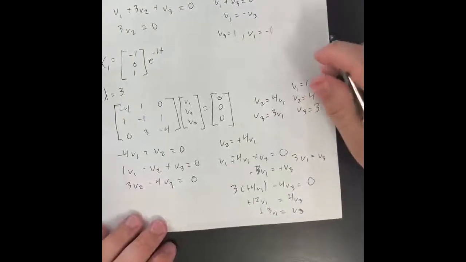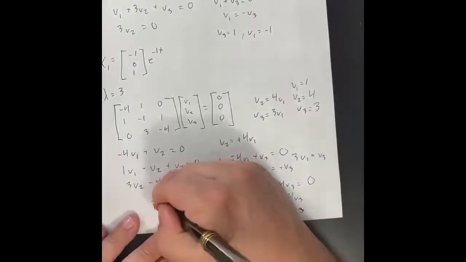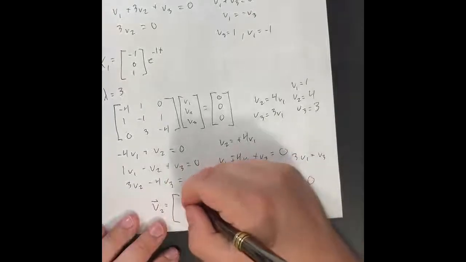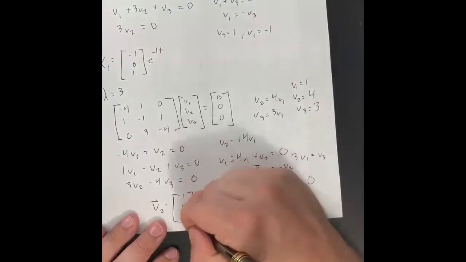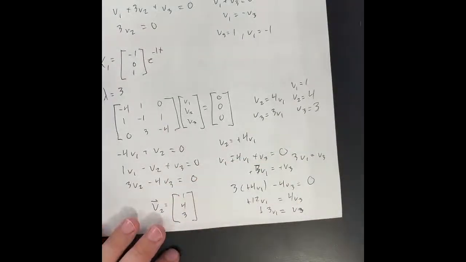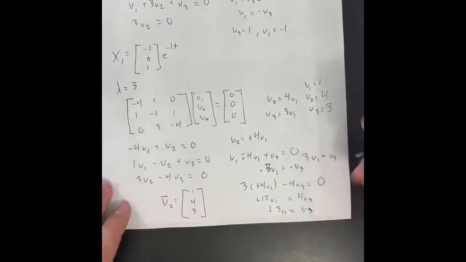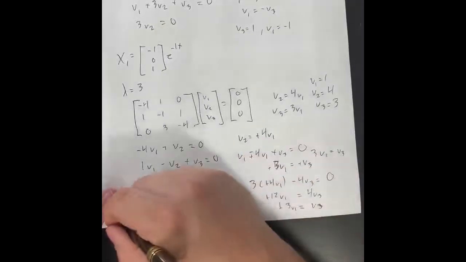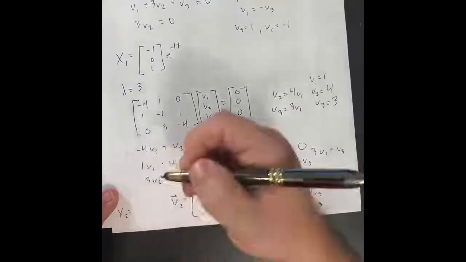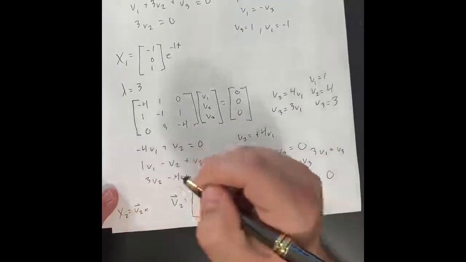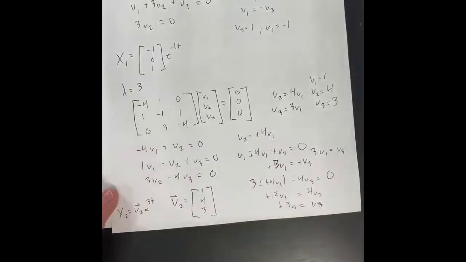So our eigenvector is 1, 4, 3. That's how we solve for that eigenvector, and that makes our solution x2 of the form v2 e to the 3t. That's our second solution.